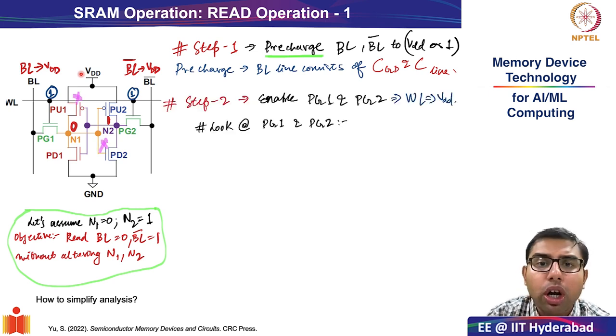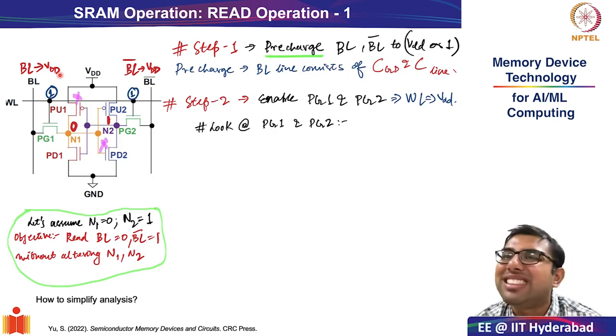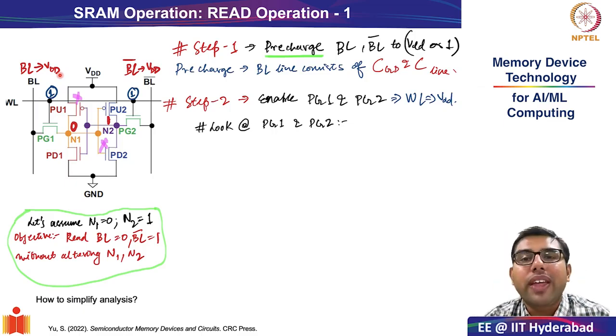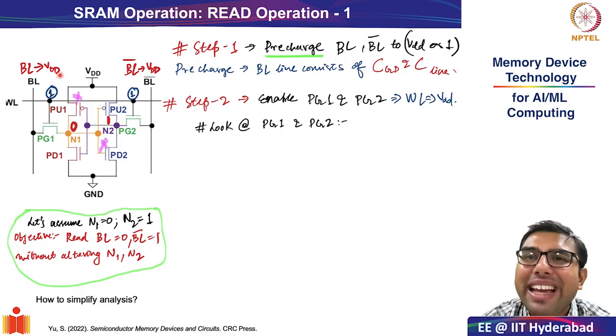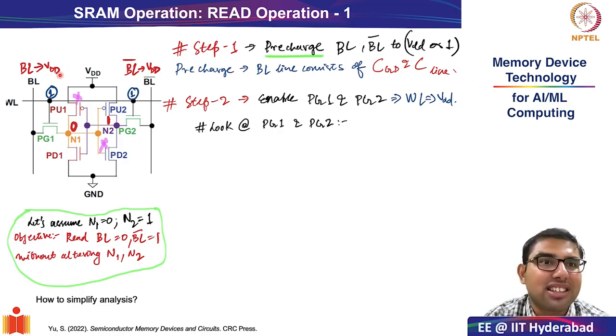So before you turn on the word line, an important thing to recognize is, the moment you turn on word line, how do you do a simple circuit analysis of this rather complicated 6T cell? It may look like a very complicated structure with 6 transistors and many voltages flying around.